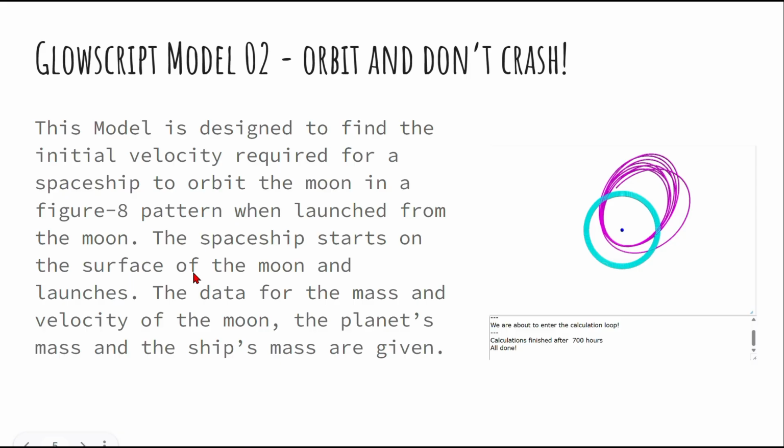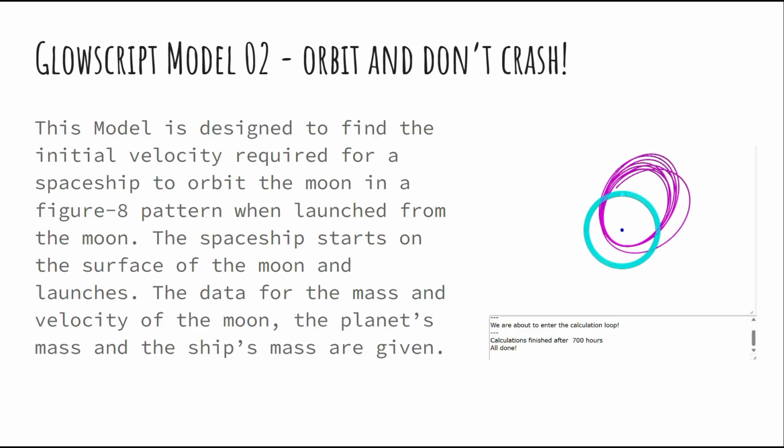The second model had initial values given as the mass of the Earth and the mass of the Moon, and the idea was to find the initial velocity from launch off the Moon of a spaceship and what it would need to be in order for it to make a figure 8 orbit around both the Moon and the planet, the star in the center.